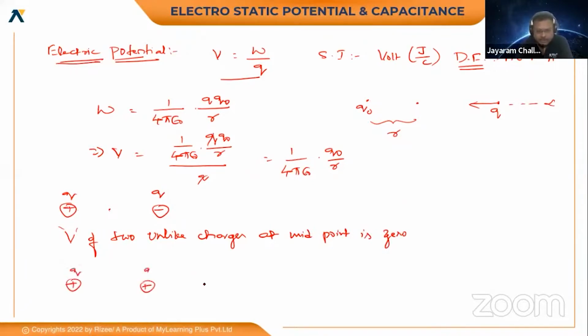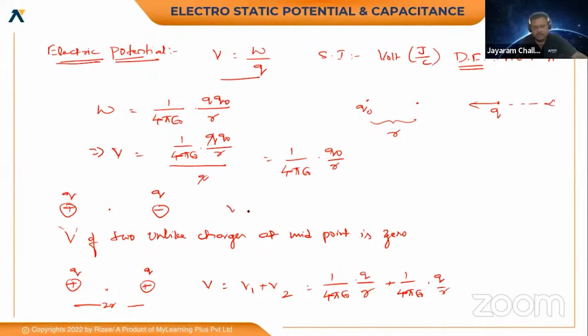Since potential is a scalar quantity, the net potential will be equal to the sum of the potentials, V1 plus V2. In the case where both are positive charges, it will be 1 by 4 pi epsilon naught, q by r at the midpoint, if the total distance is 2r. So in the first case, the net potential is 1 by 4 pi epsilon naught, first charge positive, plus q by r.